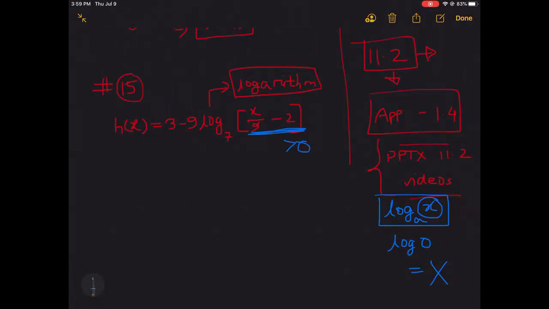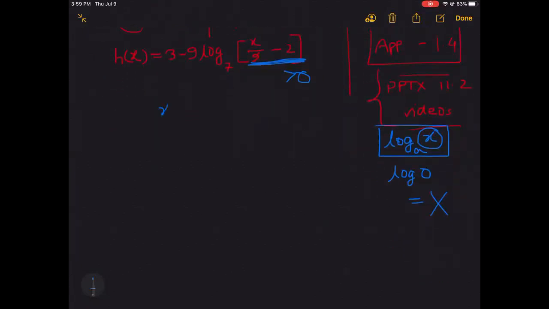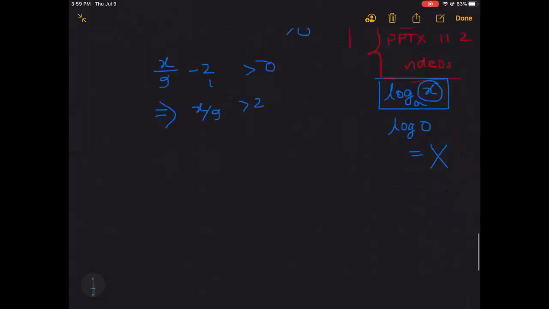All right, so x over 9 minus 2 has to be greater than 0. If you solve it for x over 9 greater than 2, I'm just changing sides, so x will be greater than 18.